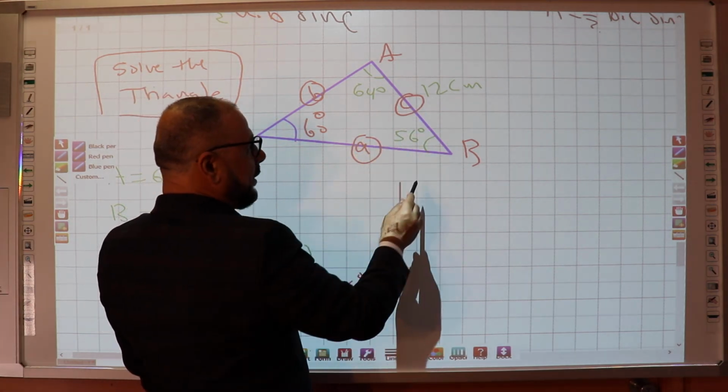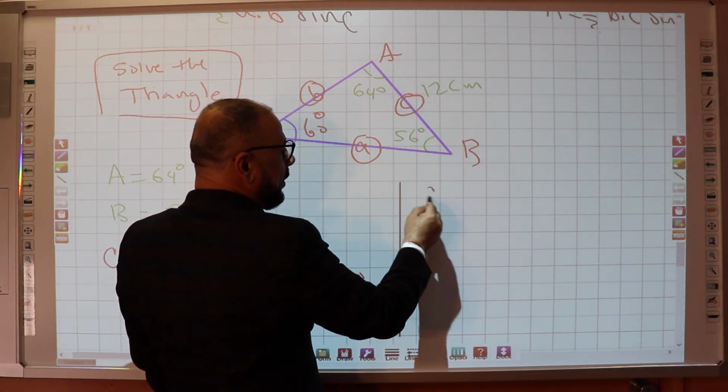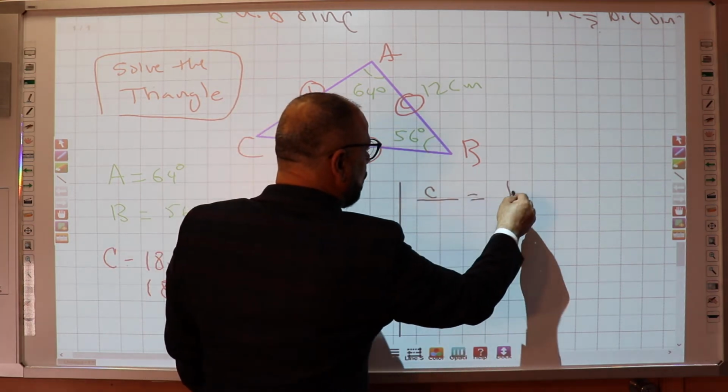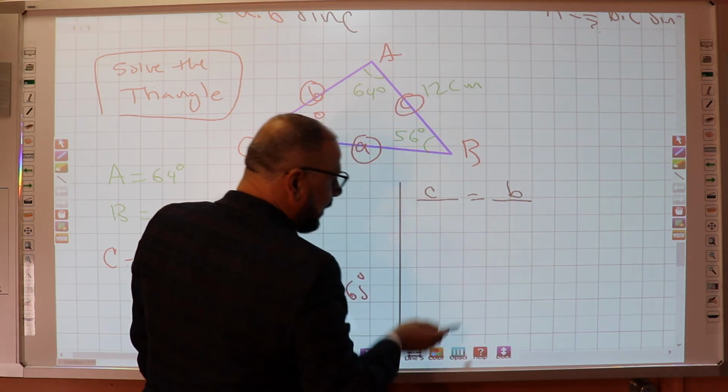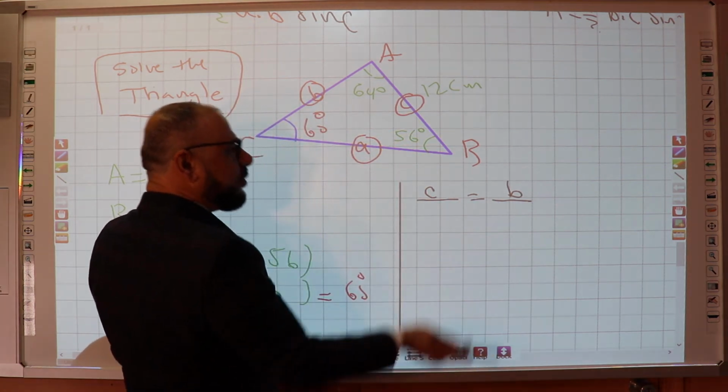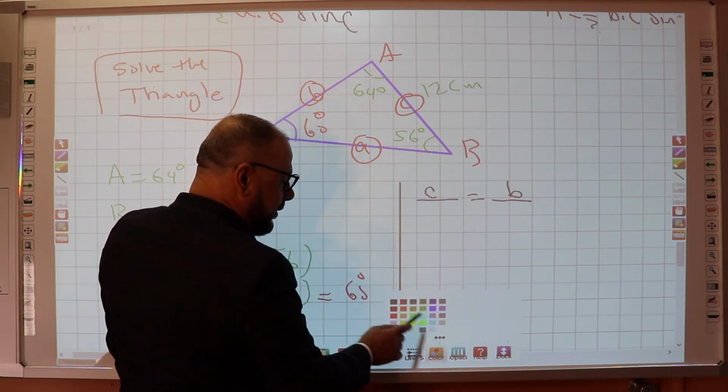We're looking for a side, so we can put sine over the length of the side, or you can flip it.